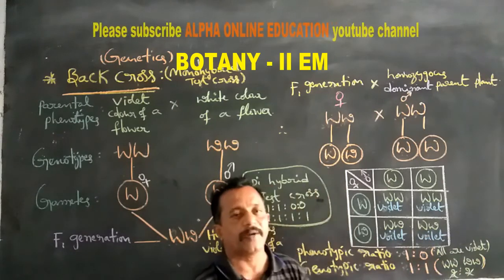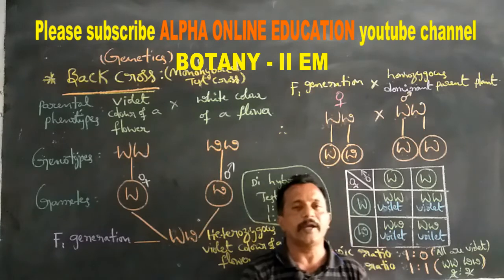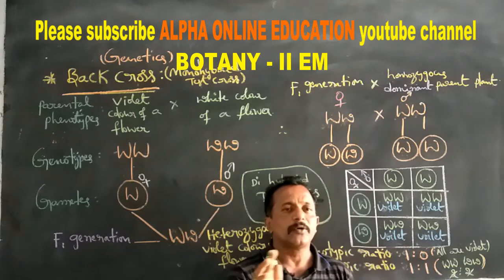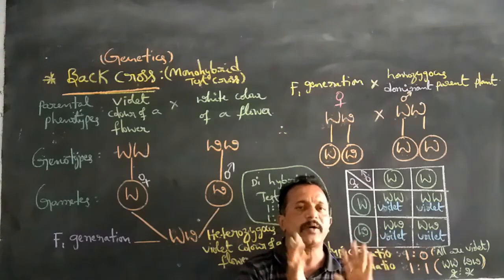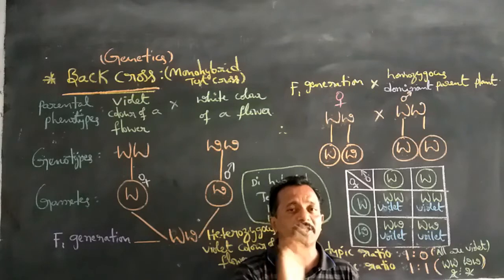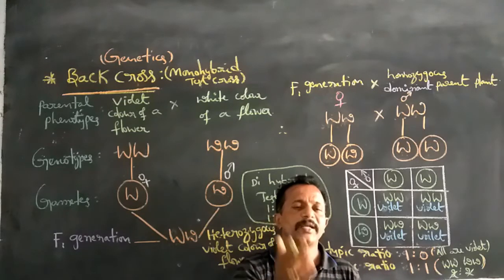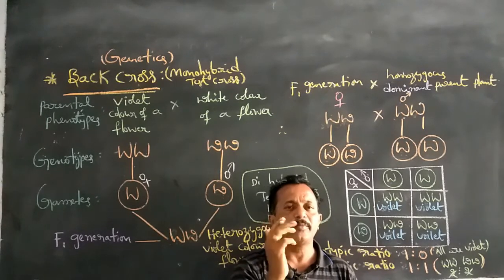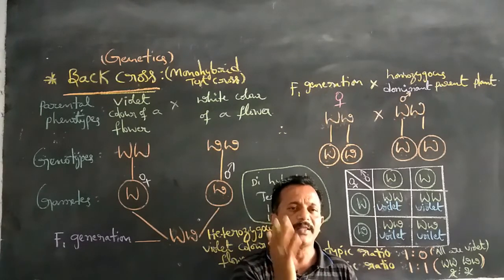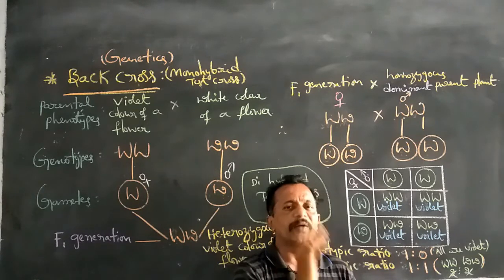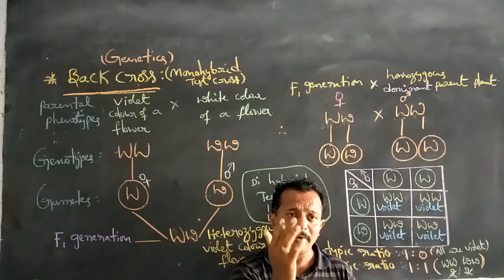That is 1:1. So in the monohybrid back cross, the phenotypic ratio and the genetic ratio are not similar. These two are dissimilar. But in a monohybrid test cross, the phenotypic ratio and the genetic ratio are the same. In a monohybrid back cross, the phenotypic ratio is 1:0 and the genetic ratio is 1:1.